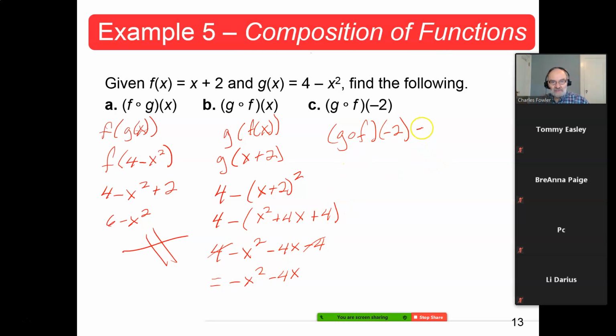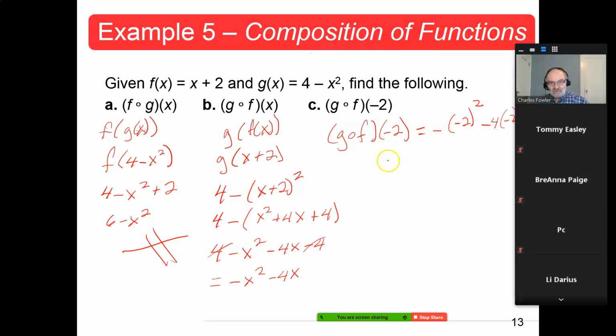So this would be, now this minus sign is there. Okay. Then the negative 2 is in parentheses, negative 2 squared. Okay, minus 4 times, and that x is negative 2. Okay, be careful with that, folks.